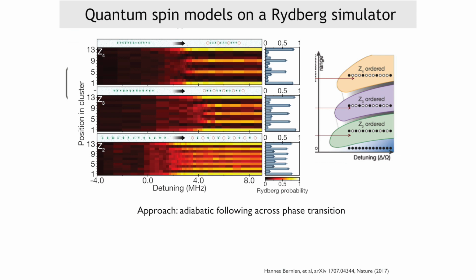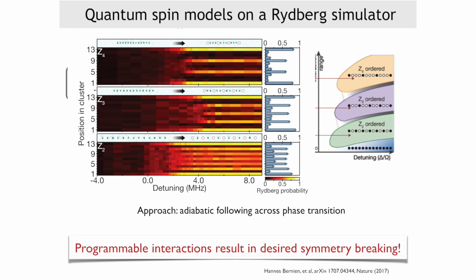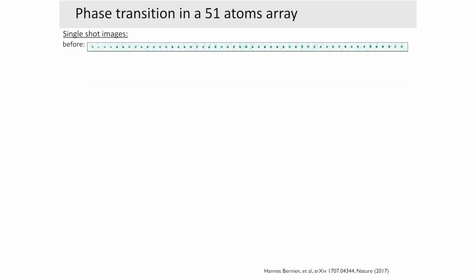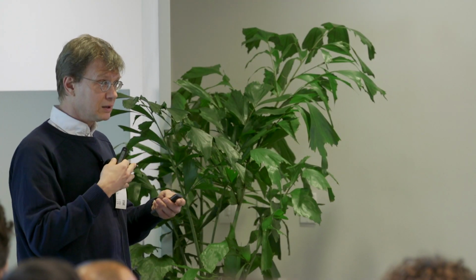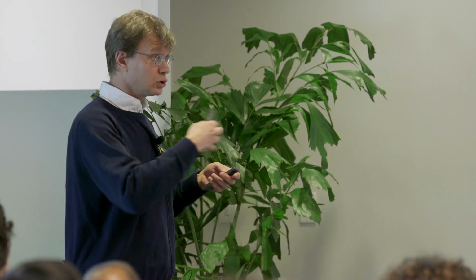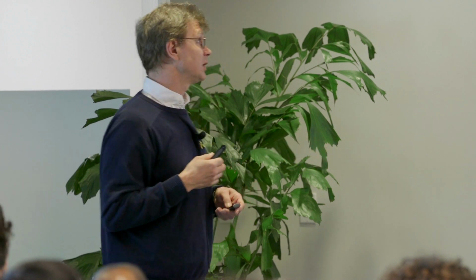But of course, these considerations so far are for small systems, maybe 13 or so qubits. We would like to scale it up, so what will happen, for example, in a 50 or 51 atom array? Here is the array of 51 atoms initially in the ground state, and then we apply this kind of transition, going now into this antiferromagnetic state.